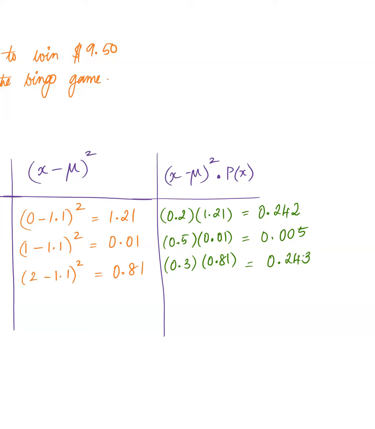Now, you know how standard deviation and variance are related. When you square the value of standard deviation, you get the variance. So if you were to take the sum of x minus mu the whole squared times P of x, that will give you the variance. So this gives us 0.490.